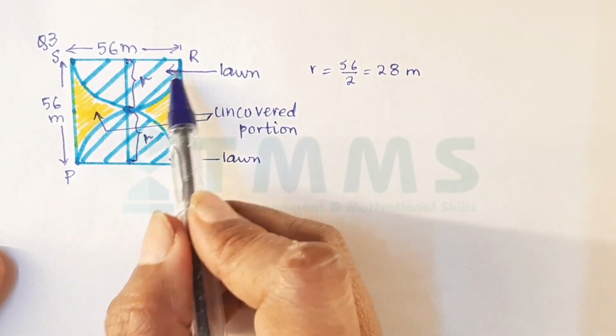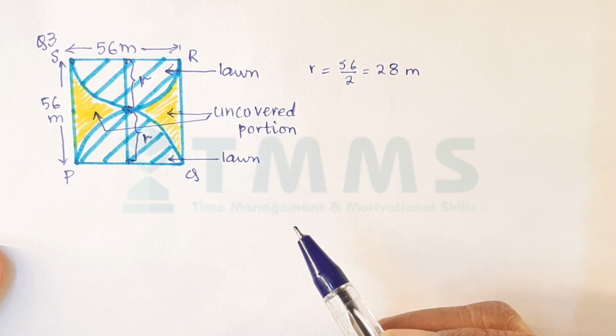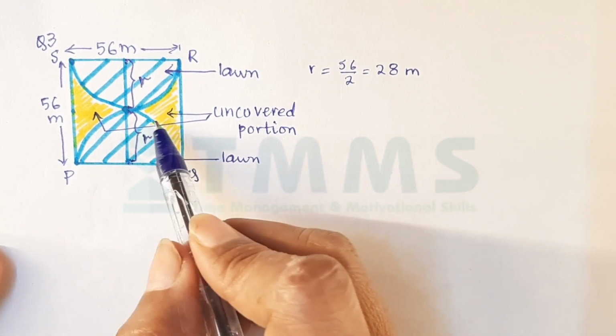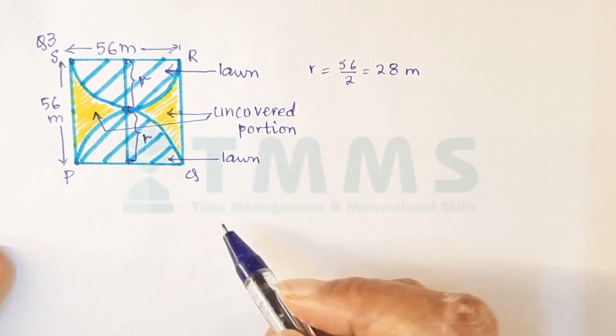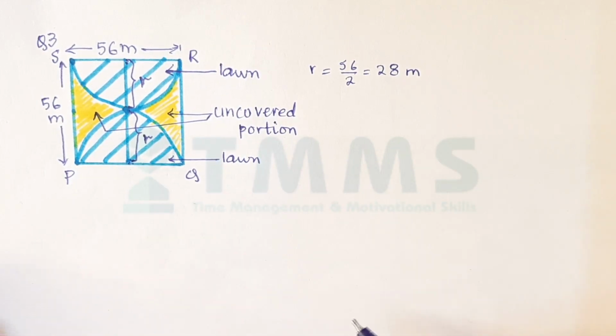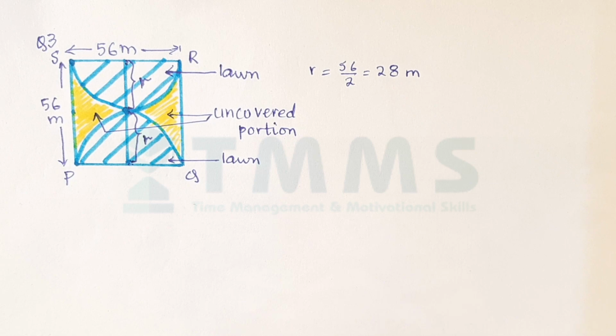And also we know that these semicircular regions are the lawns. And they are asking us to find the area of the uncovered portion. The uncovered portion, I have shown it in yellow. Now, why did I use these colors? Because it gives me clarity of thoughts. Extremely important is to know what you have to find, and that is your tip number 2.